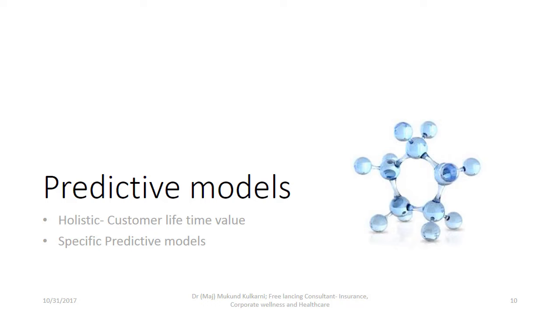So the idea here is not to bring in a new concept called predictive model as a new activity. It's a part of the inherent activity. It's just to talk about how we really structure it like a data model, using data and also some non-data related events, to create a predictive model which will help the insurance company not only remove inter-observer variability or bias, but also make it scientific to predict the events. We'll talk about a holistic ideal model, and then a couple of specific models.